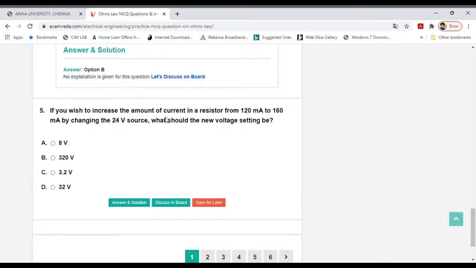First, the voltage is given, so you need to check the 120 milliamps of current. What is the voltage source? There is a 24 volt source. You need to find the current value. In terms of I, I is equal to V by R.